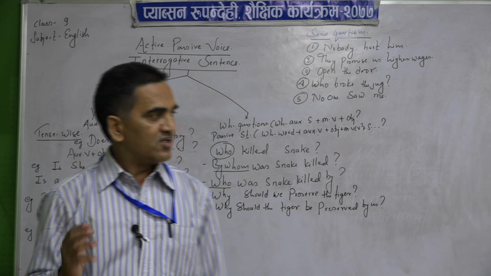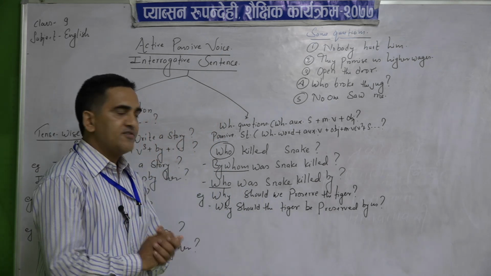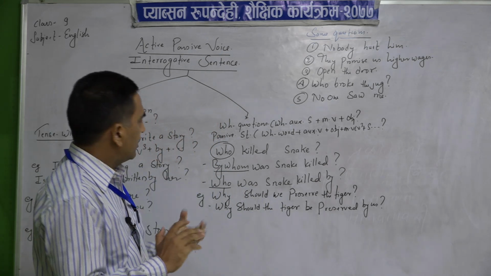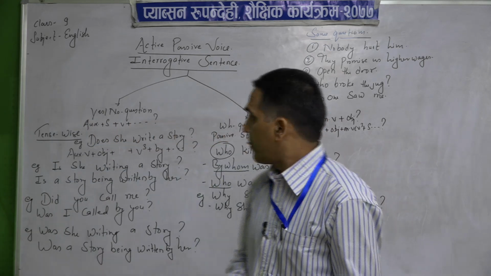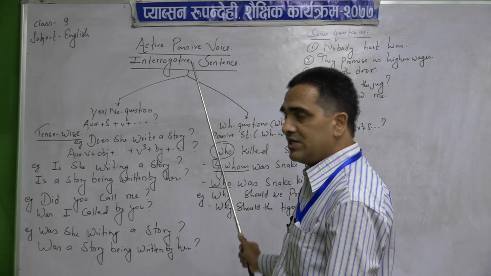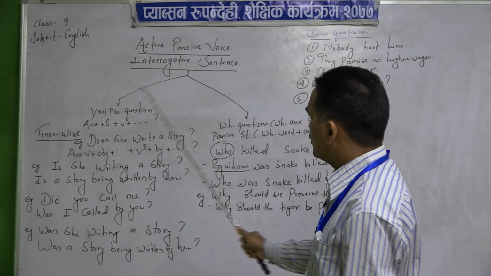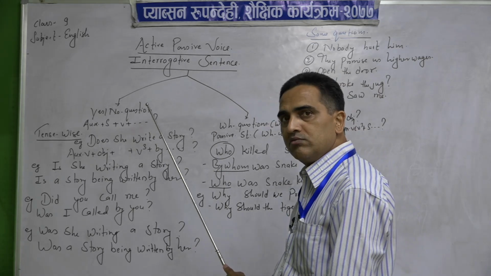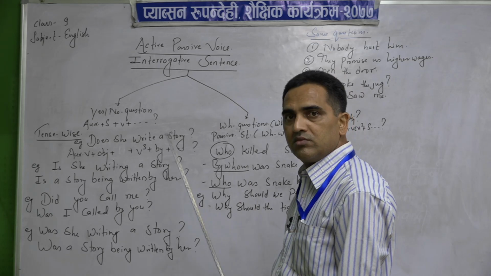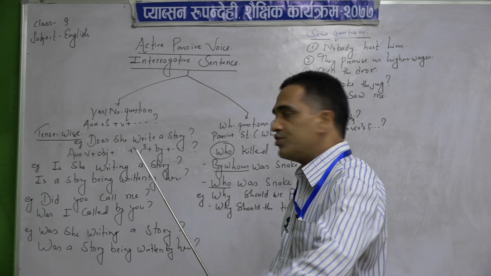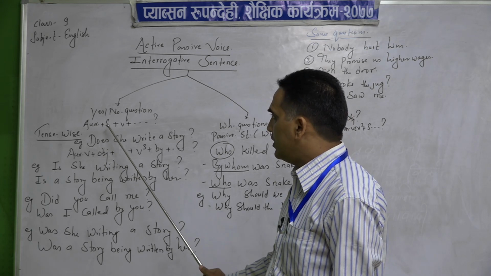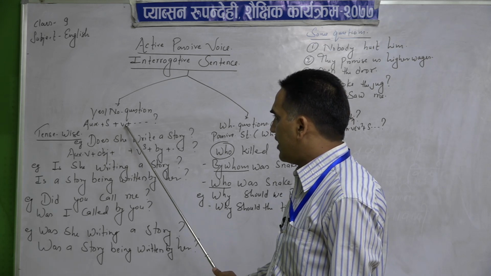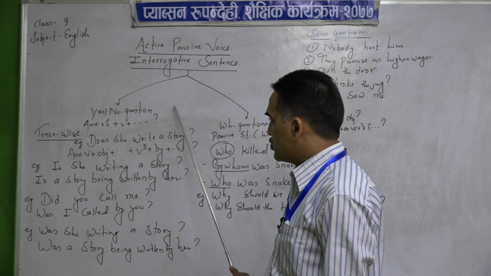Yes, see, my dear students, let me revise some of the things today. Just like the interrogative sentence you have read, it is divided into two parts: answer question and WH question. Here the answer question structure is: auxiliary verb, subject plus main verb plus remaining, question mark.